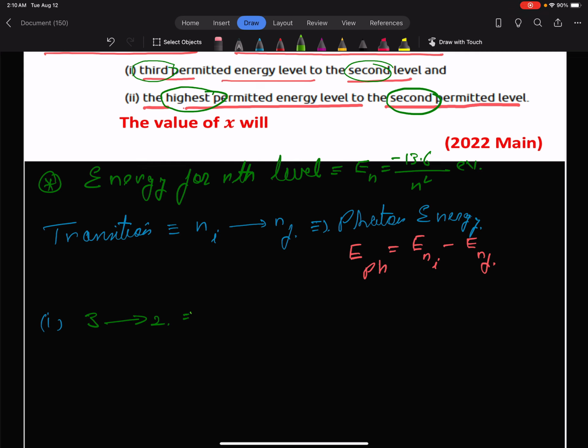Therefore its energy, let us write in the form from third to second, will be equal to energy at third level minus energy at the second level, and this can be written as minus 13.6 upon 3 square, that will be 9, and minus of minus 13.6 upon 2 square, that will be 4.